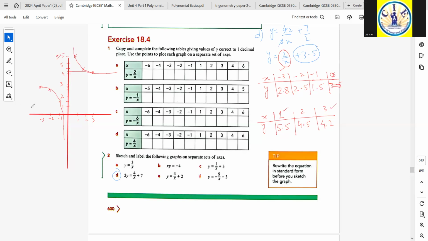So that completes the graph of this part D for y is equal to 2 by x plus 3.5, or we can write down as the original equation 2y equals to 4 by x plus 7. So this is how these questions are to be done. So let me erase this portion rather. So that would make it correct.